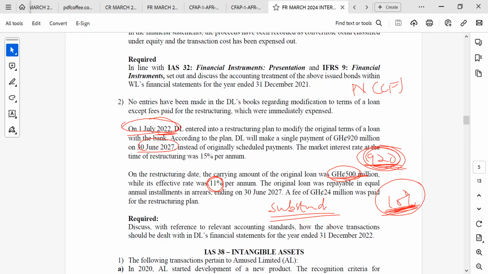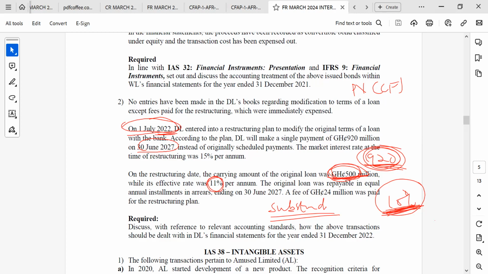If the difference between the amounts, either the increment or the decrease, is no more than 10%, then it means that the modification is not substantial. You will still maintain the loan, you will not remove it, but you just bring the loan to the new value. Substantial means you remove the loan and subtract the carrying value.